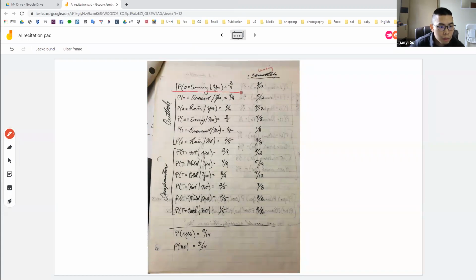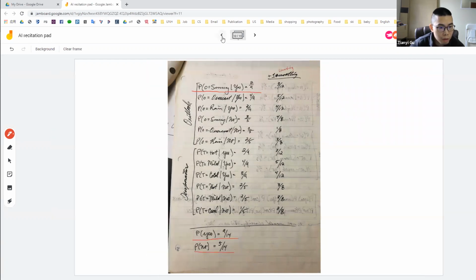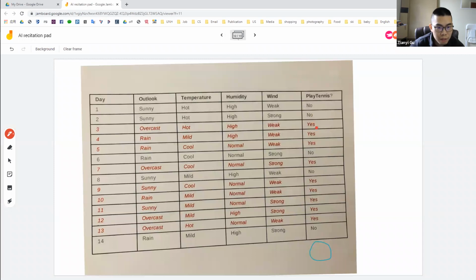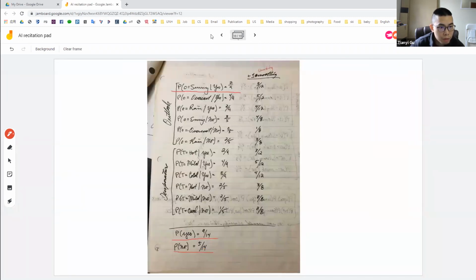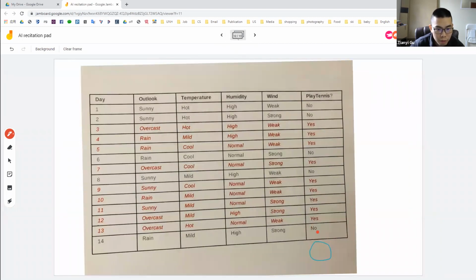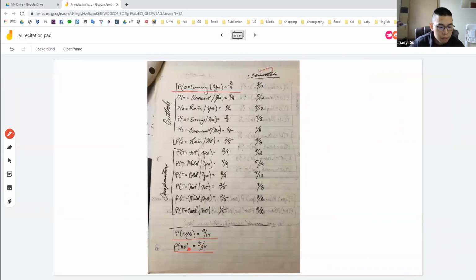First of all, we have to count the hypothesis. How many yes, how many no? If we look at this, all the reds are yes, good days to play tennis, and all the blacks are no's. So we have 1, 2, 3, 4, 5. 5 no play, so 5 over 14, and then 9 over 14 of yes.